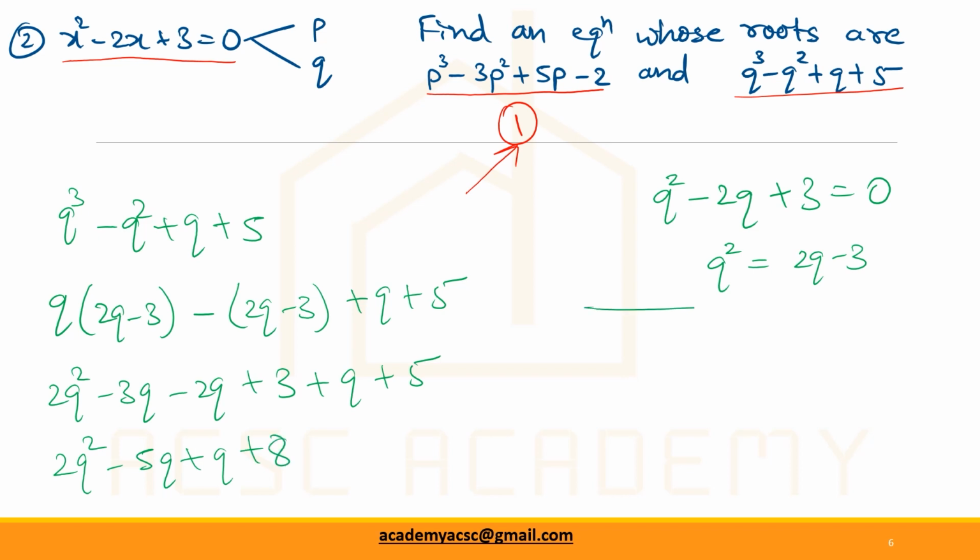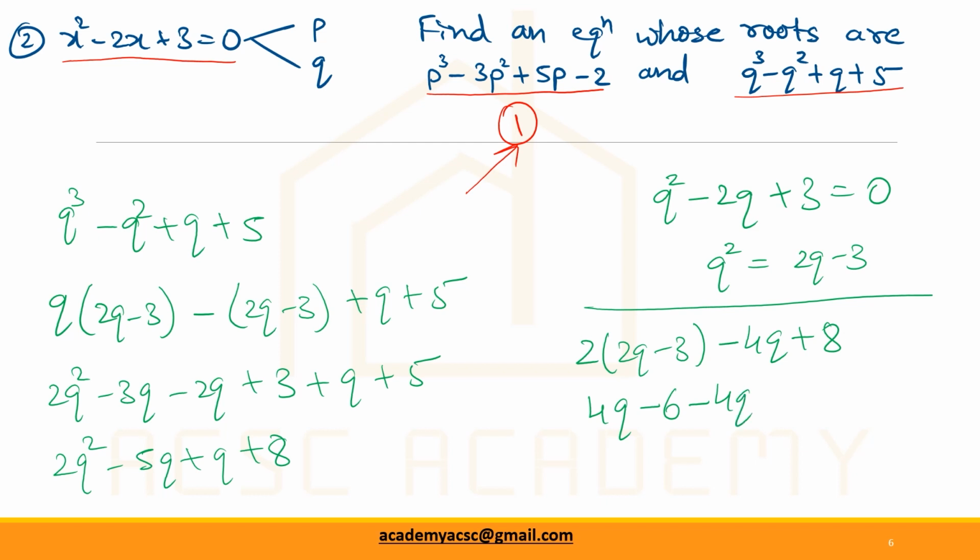And then that becomes 2 times, once again substituting, 2q minus 3, minus 4q plus 8, which is 4q minus 6 minus 4q plus 8. Once again the same thing happened, q got cancelled out and we got 2 as a result, which means this second root is nothing but a 2.